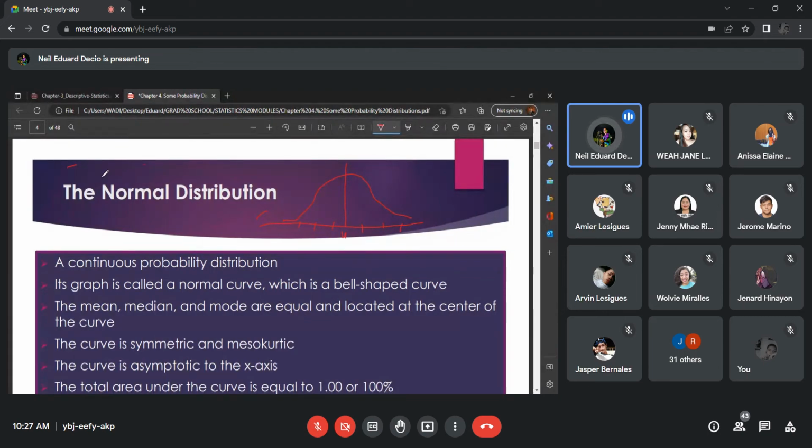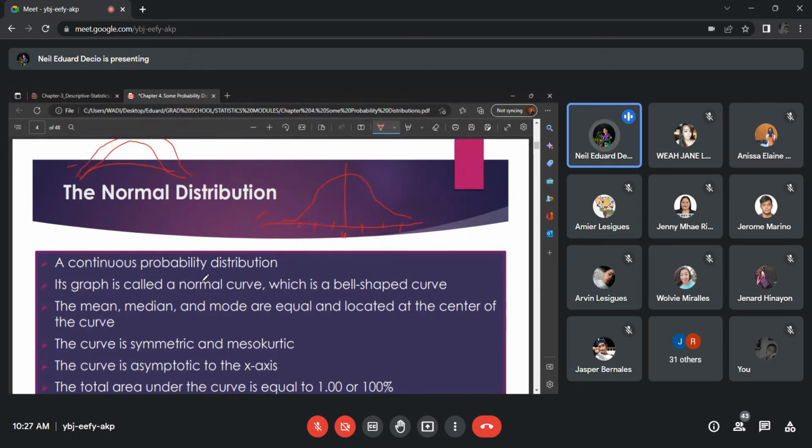Yung isa parang flat lang siya. Tapos meron din tayong mas peak siya, and then may distribution. Okay? So pag sinabi nating mesocortic, that is parang yung sa gitna ng flat tapos yung peak. So kaya the curve is symmetric and mesocortic.